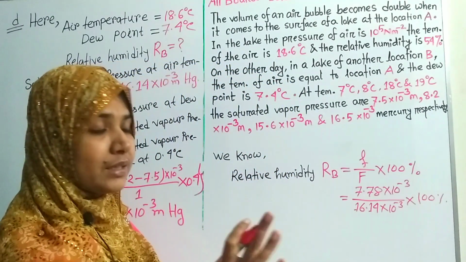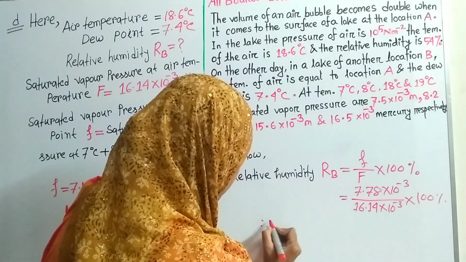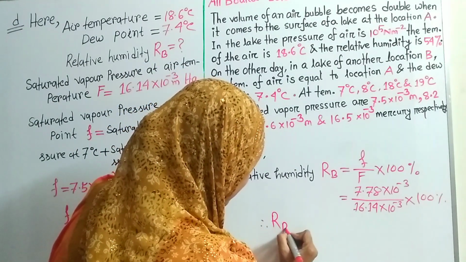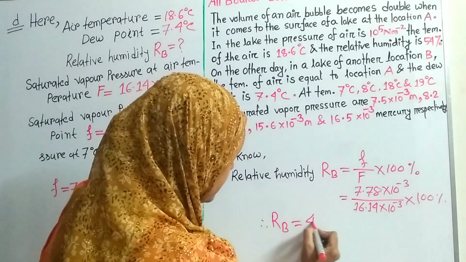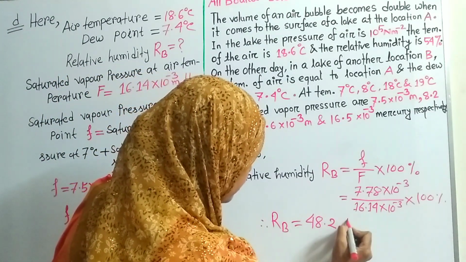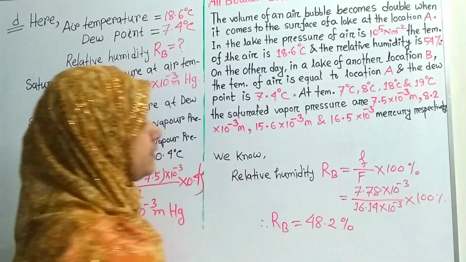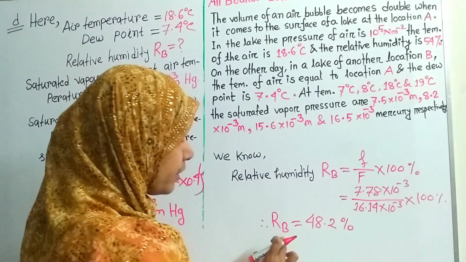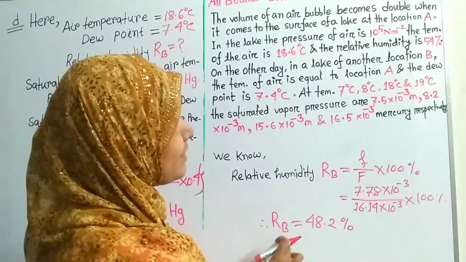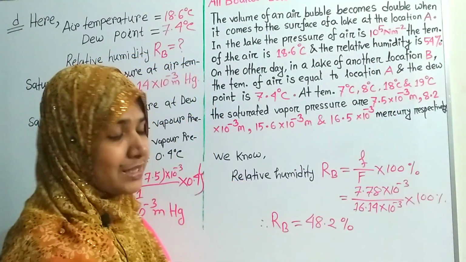After calculating, you will get the relative humidity of location B as 48.2%. As you can see, the relative humidity of location B is less than the relative humidity of location A.